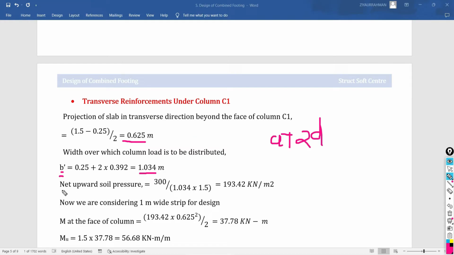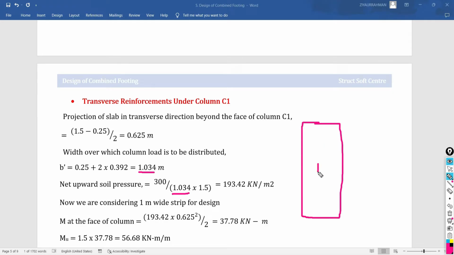Now I want to calculate the net upward soil pressure under column C1. The overall upward soil pressure is different. Now I have to calculate the net upward soil pressure under column C1. For that, the load coming from column C1 is 300, divided by the width over which the load is going to be distributed, that is my design strip, multiplied by the full width. Here we are getting the upward soil pressure as 193.42 kilonewton per meter square.